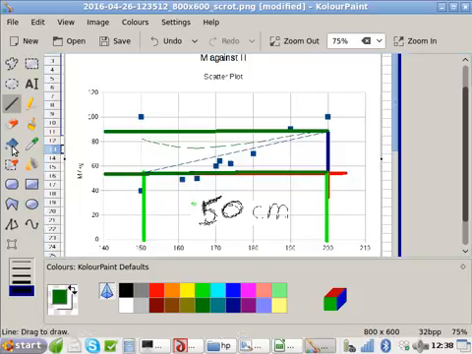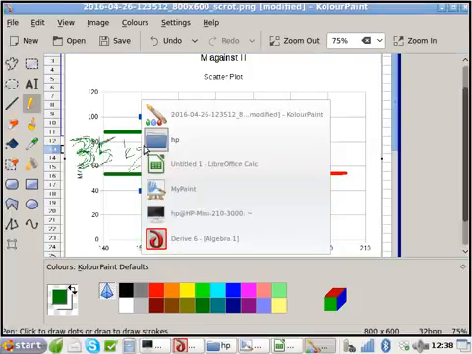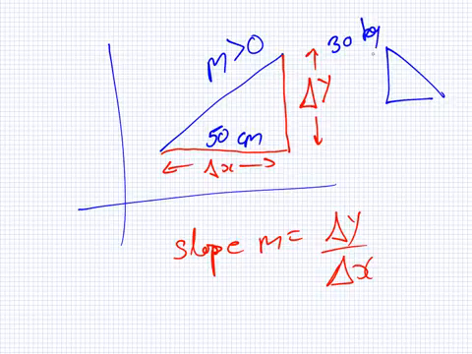So the height here is 35 kilograms. I'm sorry this is so ugly. So if I go to a nice picture, this one was 50 centimeters, and this one here was 35 kilograms. So what's the slope here?